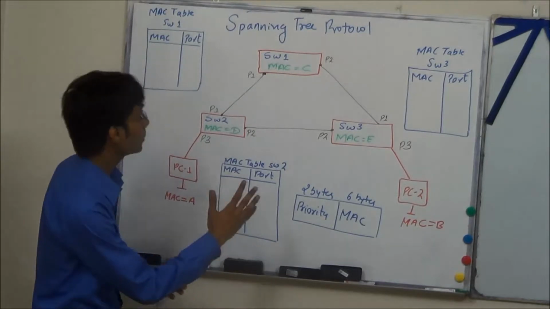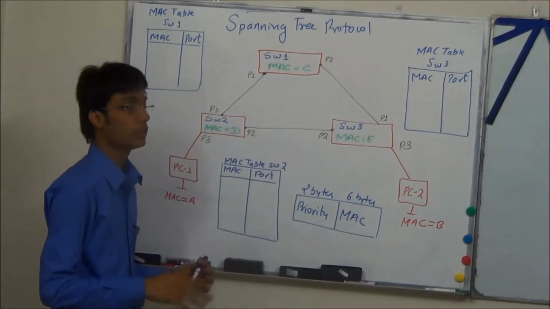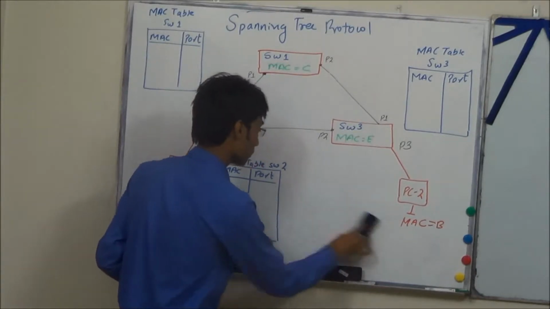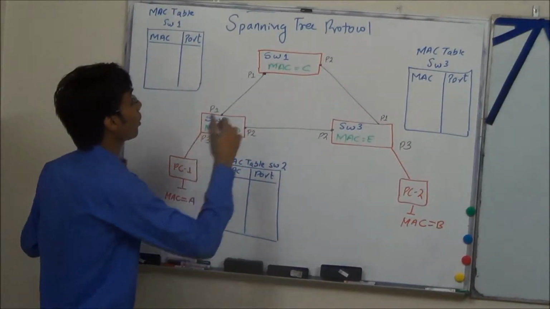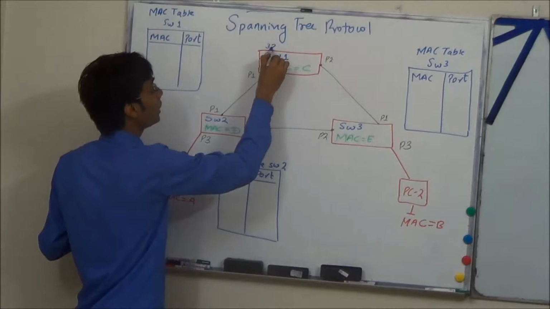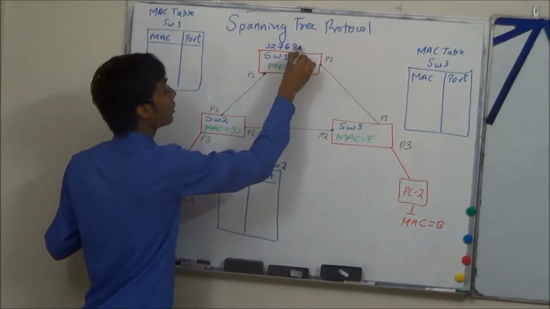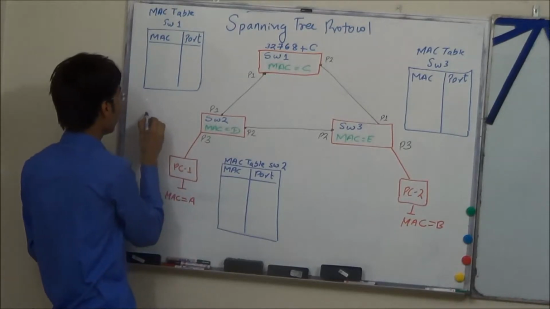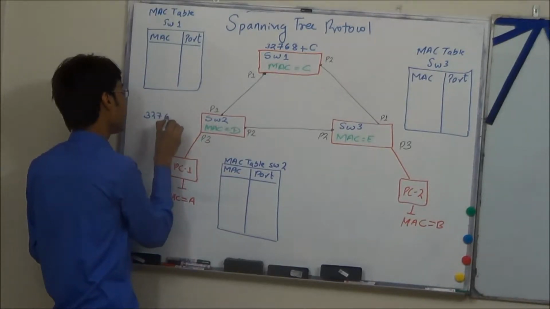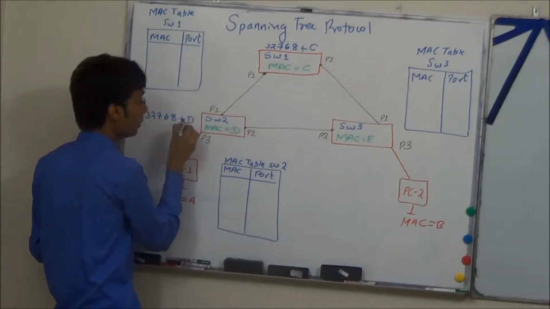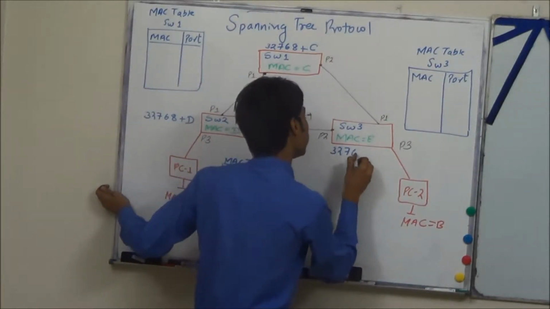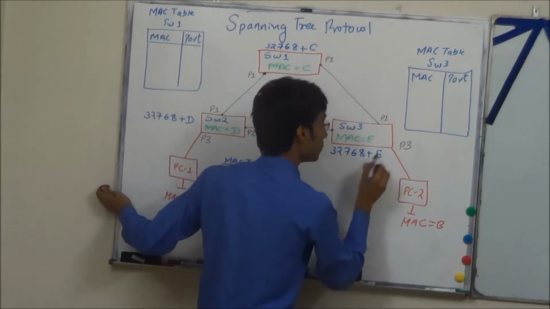Let us assume that each switch is configured with the same priority, 32768. The bridge ID for switch 1 becomes 32768 along with MAC address C. Bridge ID for switch 2 becomes 32768 along with MAC address D. And bridge ID for switch 3 becomes 32768 along with MAC address E.